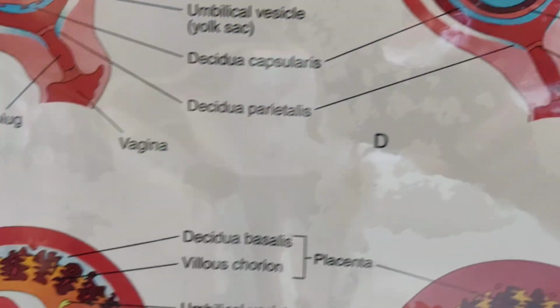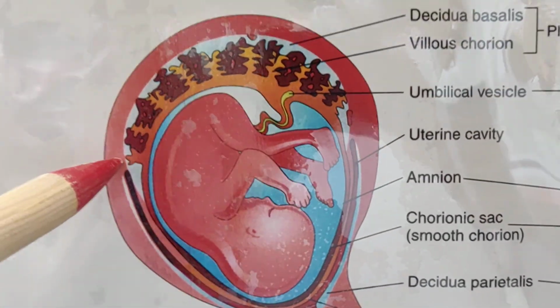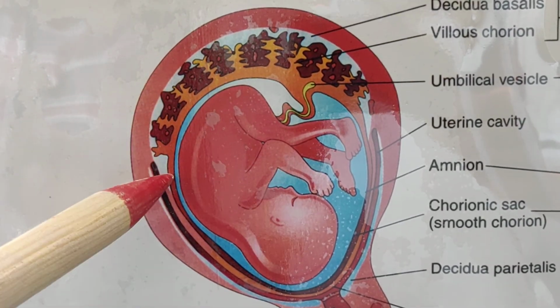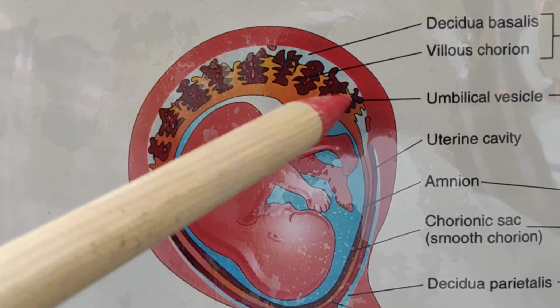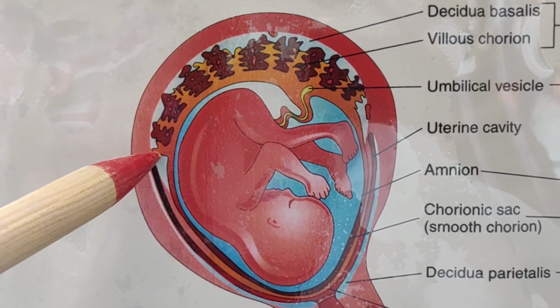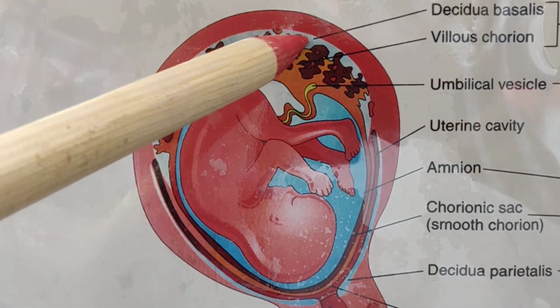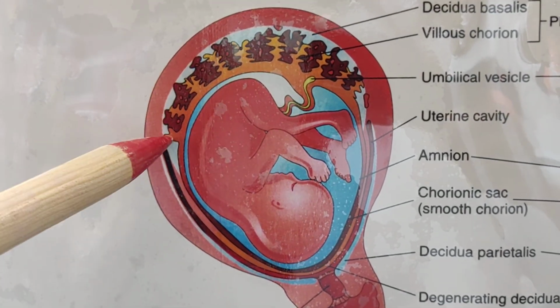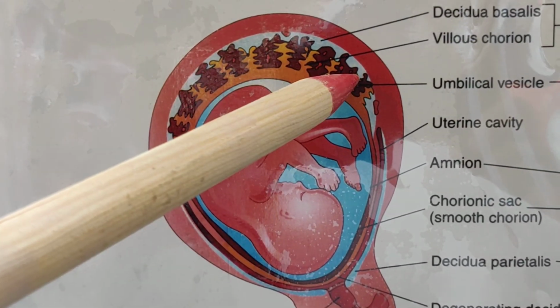In the further development, now it is the development of the placenta, how the placenta is formed, and what are the parts of the mother and the fetus that participate in the formation of the placenta.